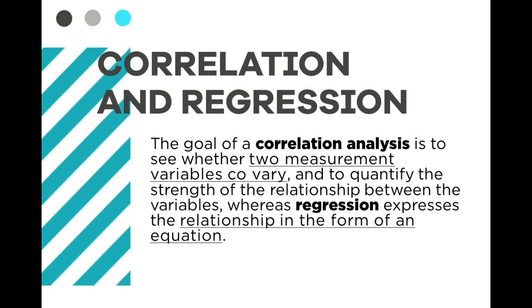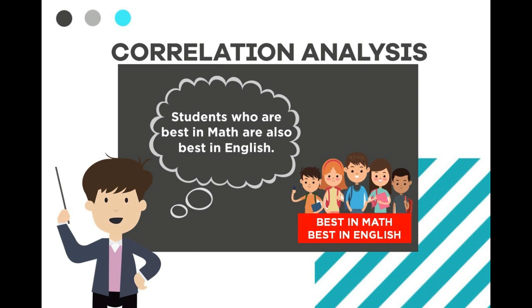relationship or the difference between correlation and regression analysis, we do have here a scenario, a picture. So, for example, in students taking a math and English test, we could use correlation. Pwede natin gamitin si correlation to see if those students who excel in math are also good in English.